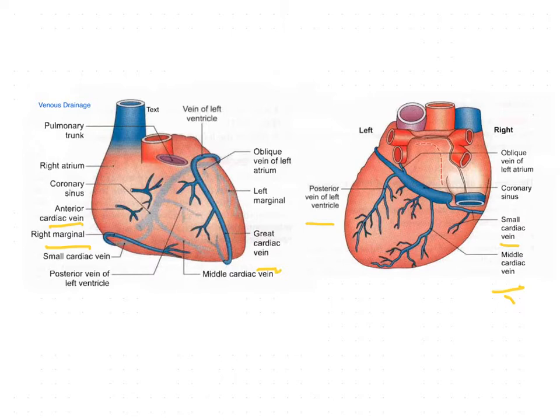So all the veins that I have told, except the anterior cardiac veins and the venae cordis minimae, these two will open into the right atrium directly, whereas all the remaining veins will open into the large vein that is called the coronary sinus.